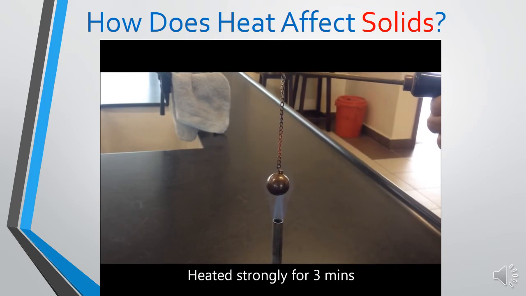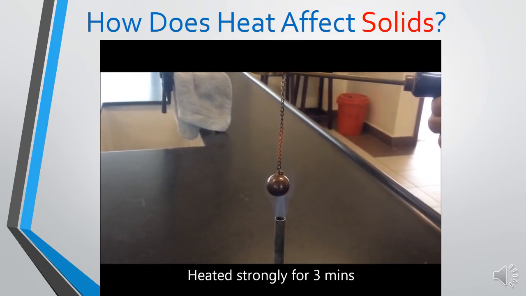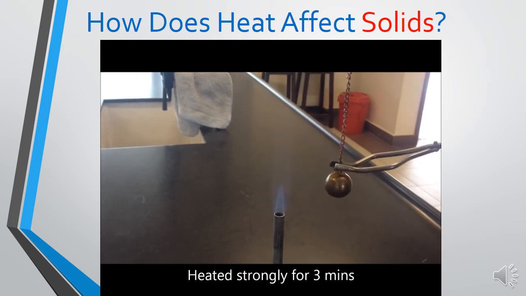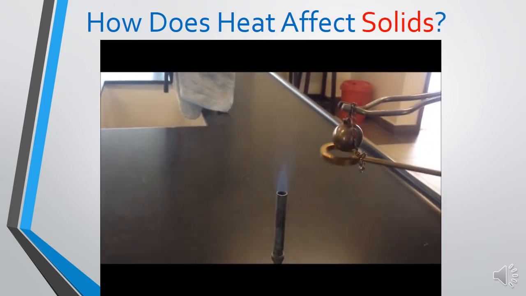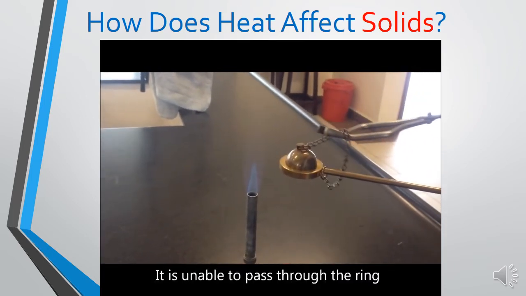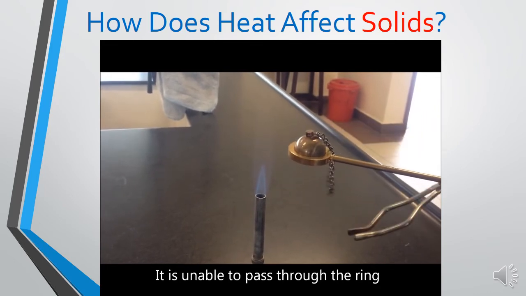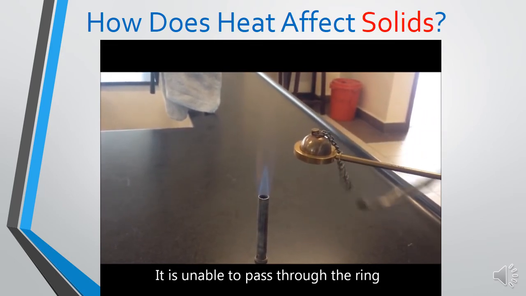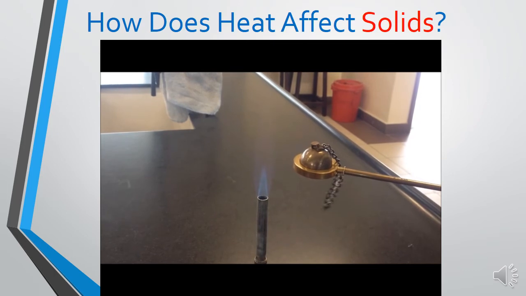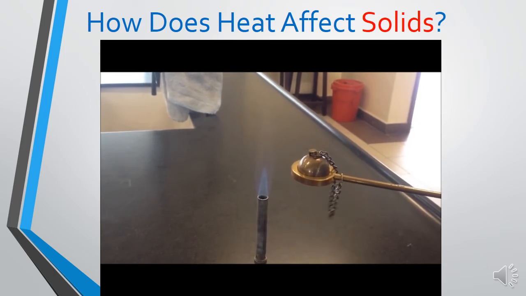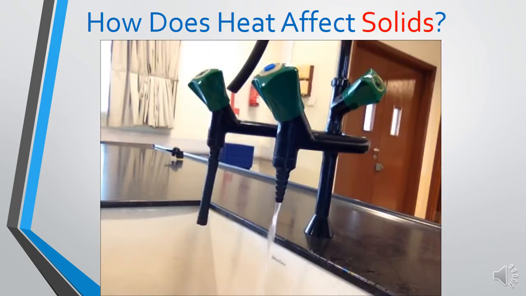I have to heat this metal ball for about 2 or 3 minutes. I can heat it strongly for 3 minutes. Then what should I do? I have to allow it to pass through the ring.